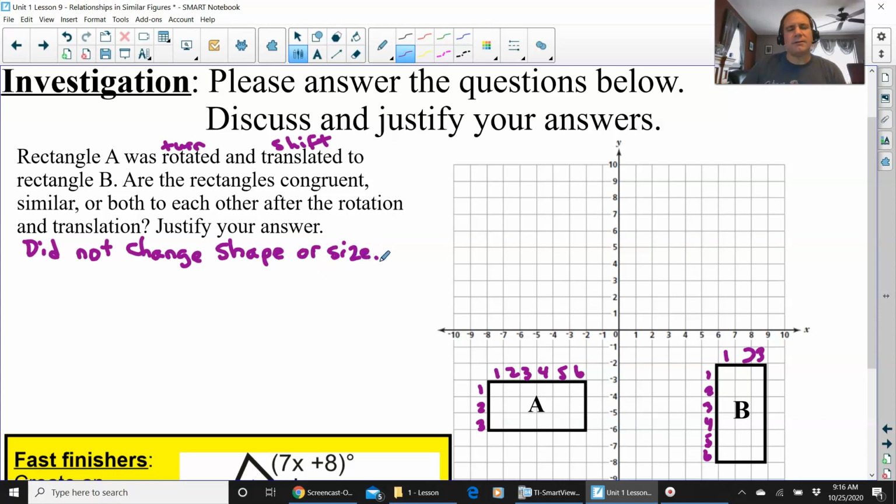And the way you kind of look at it, say, all right, since it did not change the shape or size, the figures are congruent.